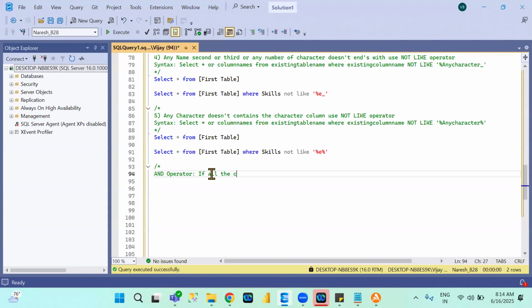If all the conditions are satisfied, then select returns the result.